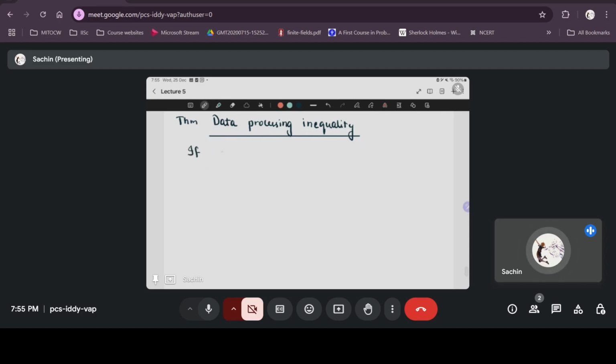In symbols, that is, if X, Y, Z form a Markov chain, then the mutual information between X and Y is greater than or equal to the mutual information between X and Z. So this is for any Markov chain.